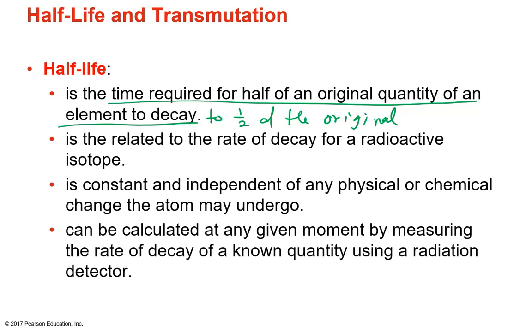Now, radioactive decays are a simple statistics thing. If I have a bunch of dice here, this is what you're going to do in lab, and I say, okay, what's the chance that I throw one die, the singular for dice is die, and it comes up showing a 6? 1 out of 6. So on average, how many times would I have to roll the die before it comes up with a 6?